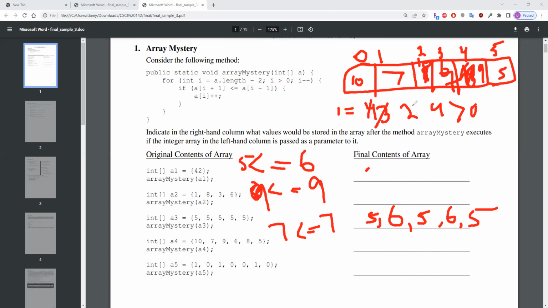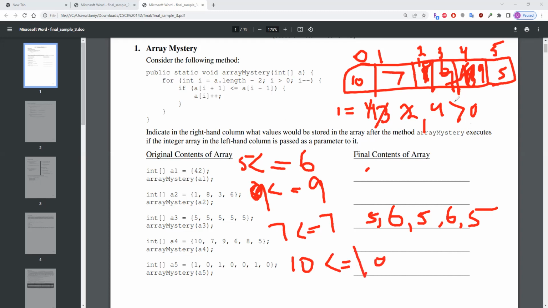I minus minus, I is now 1. Is 1 greater than 0? Yes, you again go inside. You have A of I plus 1. 1 plus 1 is 2. At index 2, we have 10. Is 10 less than or equal to A of I minus 1? 1 minus 1 is 0. So at index 0, we have 10. Is 10 less than or equal to 10? Yes, true.